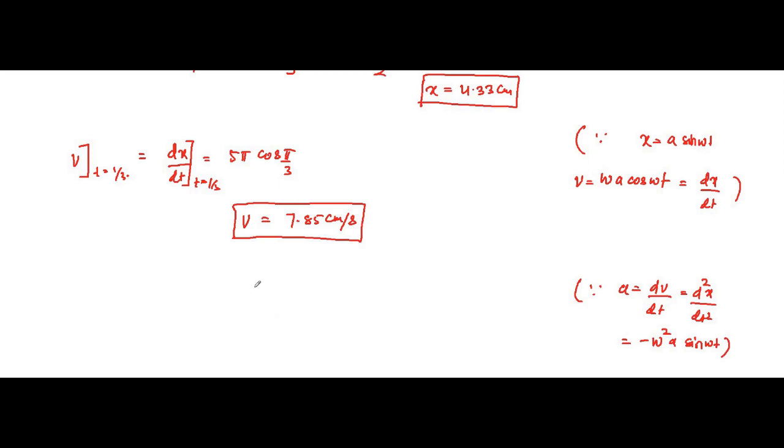So the acceleration at t equals 1 by 3 seconds is equal to omega square, that is pi square, times a, which is 5, times sine omega t, that is sine pi by 3.